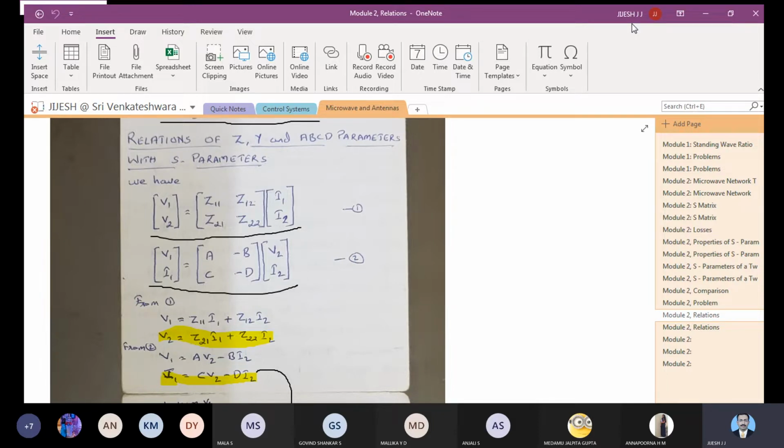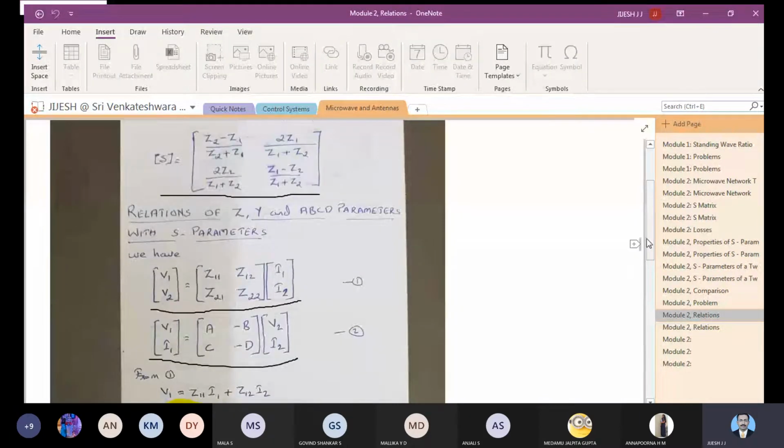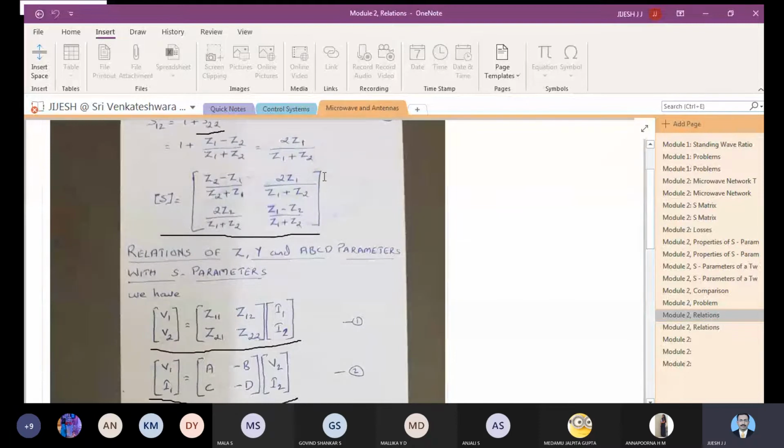And if you talk about the problem as well, we have seen a problem, or it can also be partly a derivation, where you have written the S parameters in terms of Z parameters. So you got matrix S equal to a combination of Z. We have also seen that matrix S can be represented as, see here, in the question we have taken Z1 and Z2, so the parameters are in terms of Z1 and Z2.